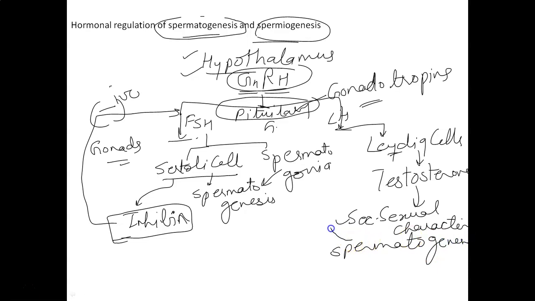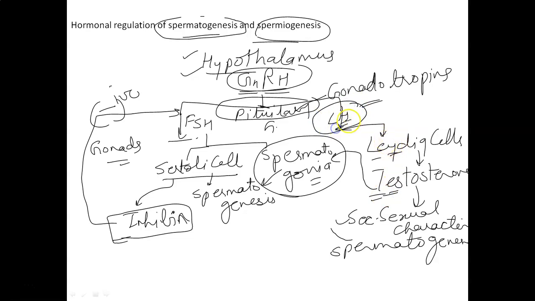This testosterone which is secreted by Leydig cell also has a paracrine effect on spermatogonia. When the testosterone is secreted, then only the spermatogonia will start forming sperms at the onset of puberty. So Leydig cells secrete testosterone, and Leydig cells work under LH.